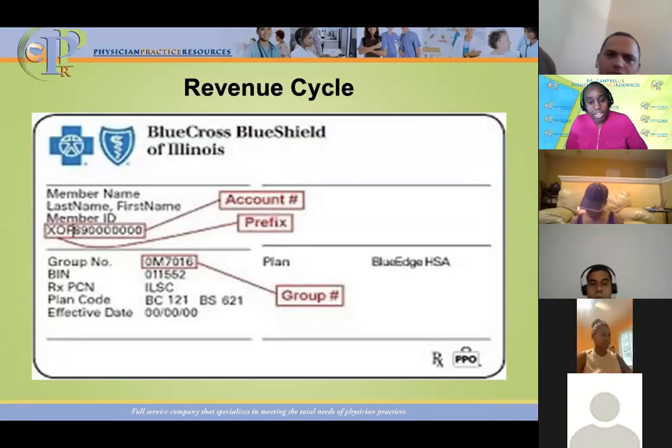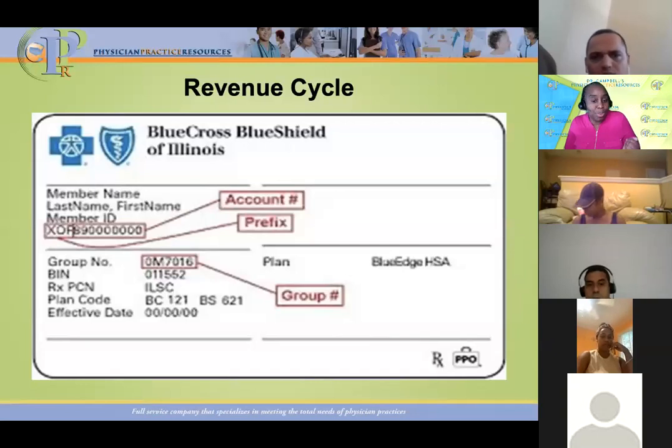Now, just because the patient gives us an insurance card, does that mean that their insurance is active? No, that's correct. Because when you lose your insurance, you don't get a card in the mail that you carry around that says you no longer have insurance, right?